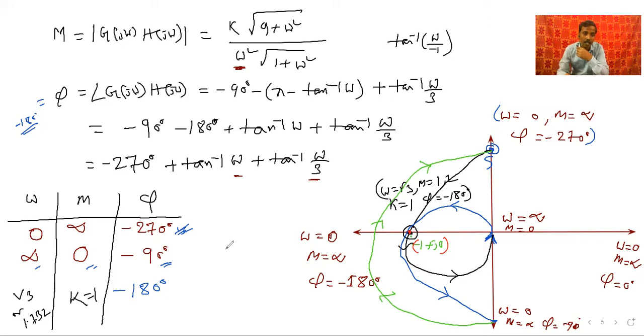So what is the conclusion? For K equals 1, this is marginally stable. But for K greater than 1 and K less than 1, what is the stability?